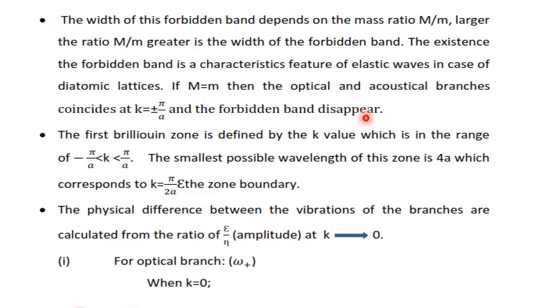When capital M and small m are equal masses, the optical and acoustical branches will coincide at k equal to plus or minus pi by a.